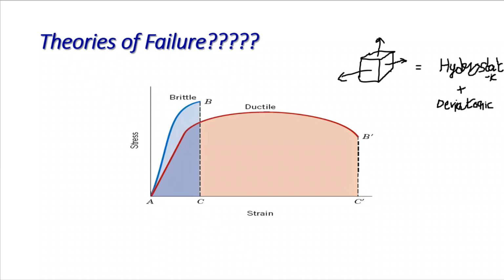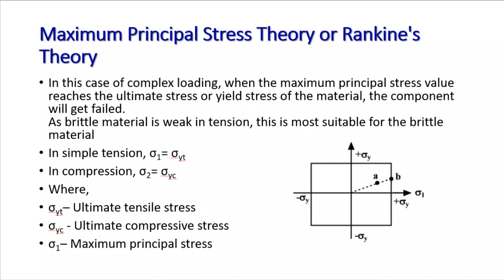Deviatoric stress is when the material is subjected to triaxial loading, it may experience certain portion of shear. It will fail under shear. So ductile materials mostly fail under shear rather than the hydrostatic stress. So in our theories of failure, we will account for this. Which theory fits into which domain?